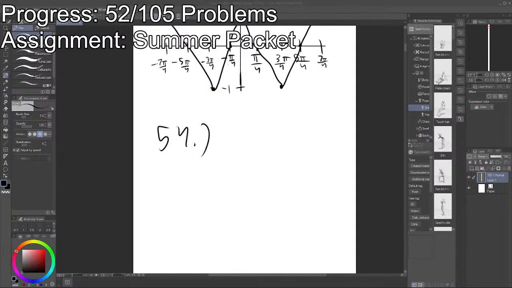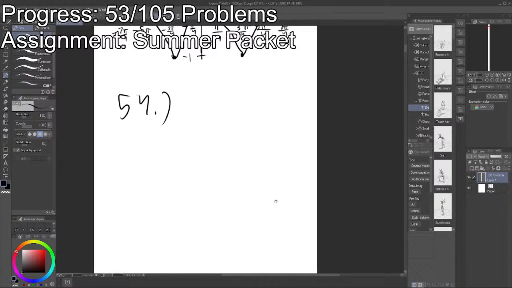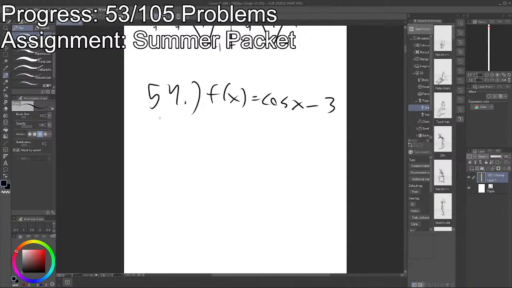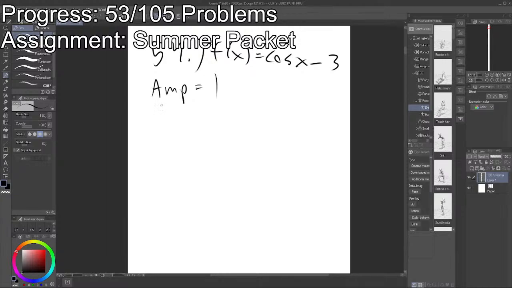54. Another cos. So amplitude is 1. Period is, see that equation again.